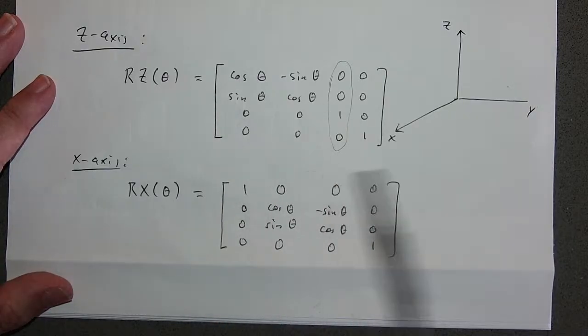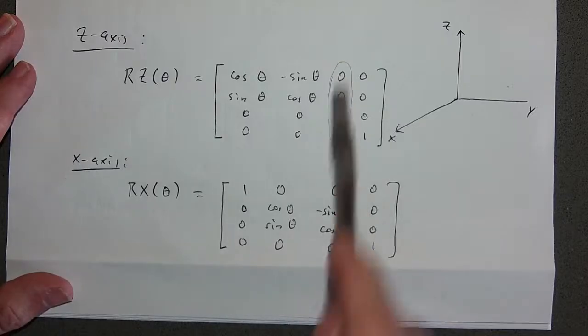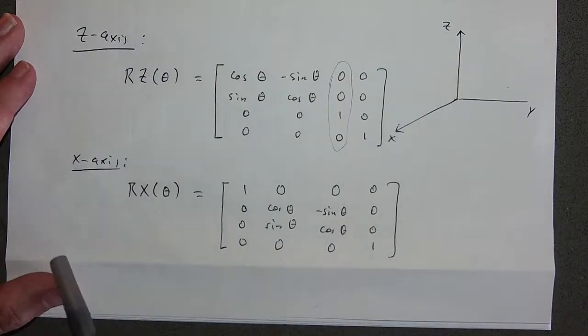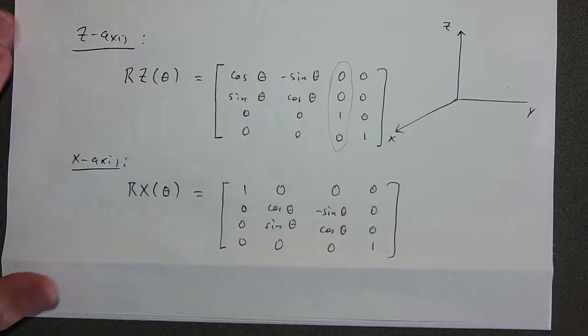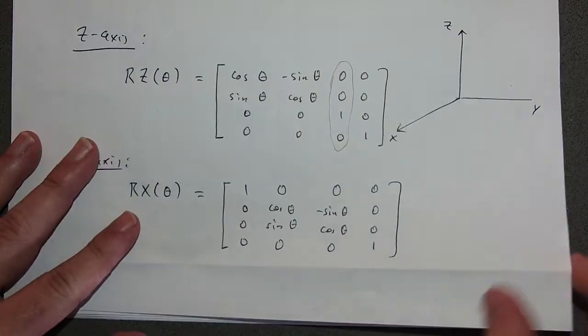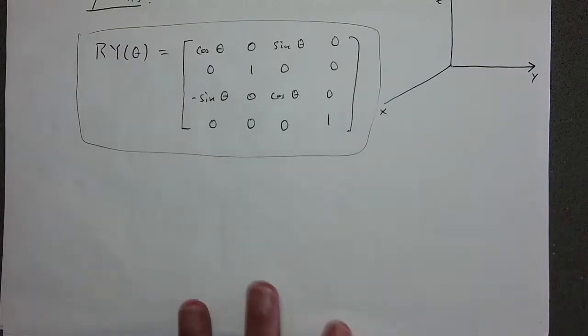This changes based on which axis is fixed by the rotation in question. So the z-axis is fixed by rotating about the z-axis. So here's where it goes. The x-axis is fixed. It's just a quick way of checking with yourself what's going on here in terms of the matrix. And then lastly, our rotation about the y-axis is given by this thing.